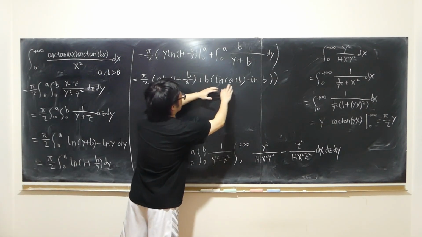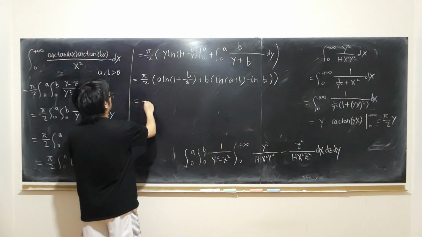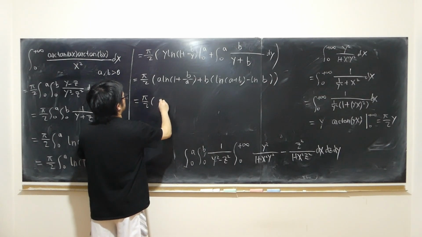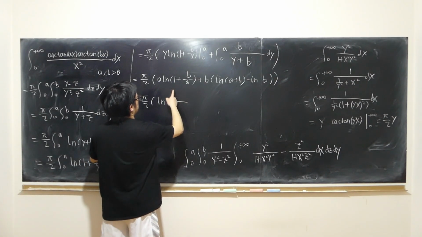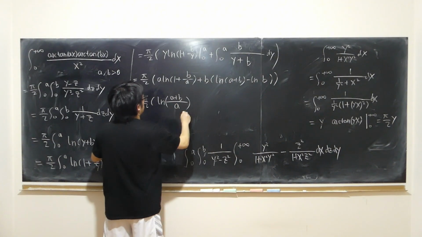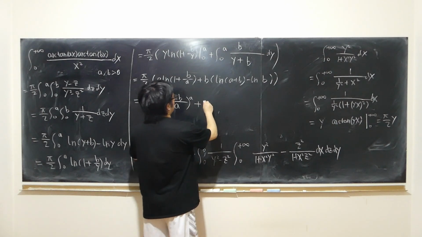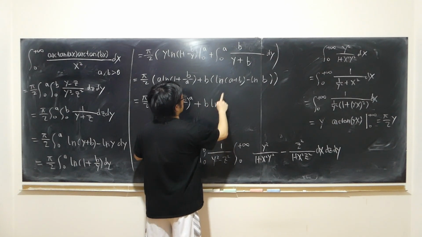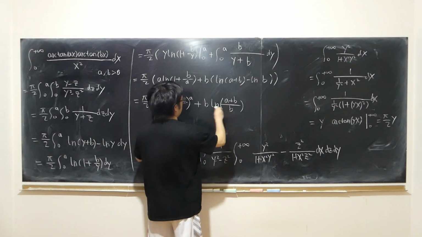So here, remember this, half pi times a times, put this a on top of here, and this becomes a plus b. I put a on top of here, and I say b times log, take the quotient a plus b over b. Maybe put this b on top here.